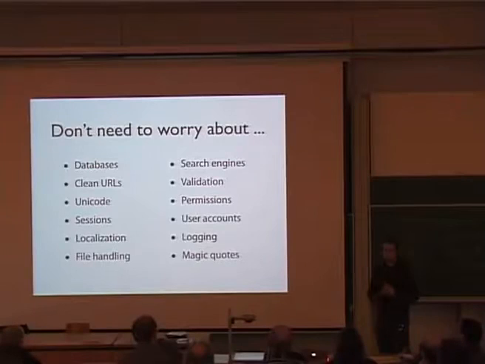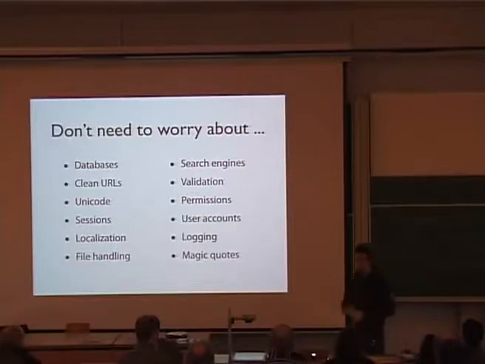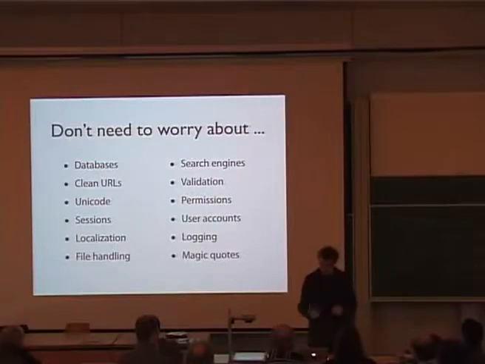We have session handling, localization, which allows you to translate your user interface, but also your contents. We have file handling, validation. We have permissions where you can assign roles to users, and then you assign permissions to these user roles. We have support for user accounts, logging, and things like that. So we really try to make it easy for developers to get started and to build web applications really quick.